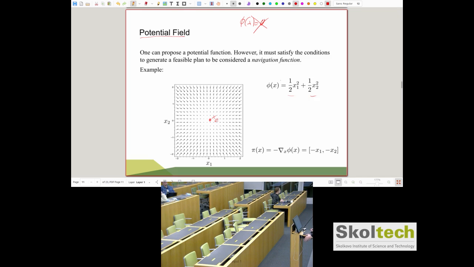The only thing we are doing is squaring each of these components. So the farther away you are, the higher the potential is. And then what we see is that if you do the derivative of this, you follow the gradient, it's just going to be this: minus x1, minus x2. So these are all these arrows that we were plotting before.